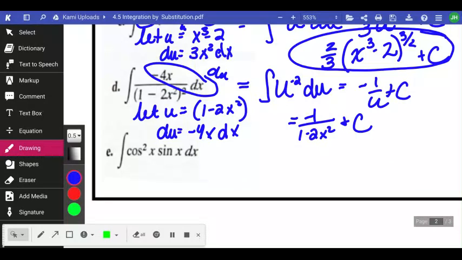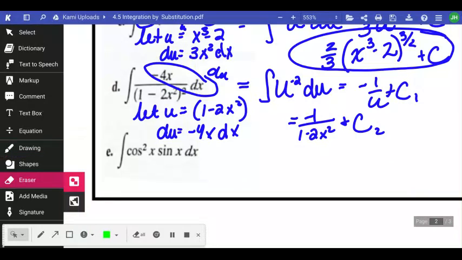We'll get to a point where it matters that they're different constants. We're changing one constant to another constant and still calling it a constant, and it's okay because they're both mystery constants. A lot of times in texts, they call them different constants, or one of them has a subscript and the other doesn't.